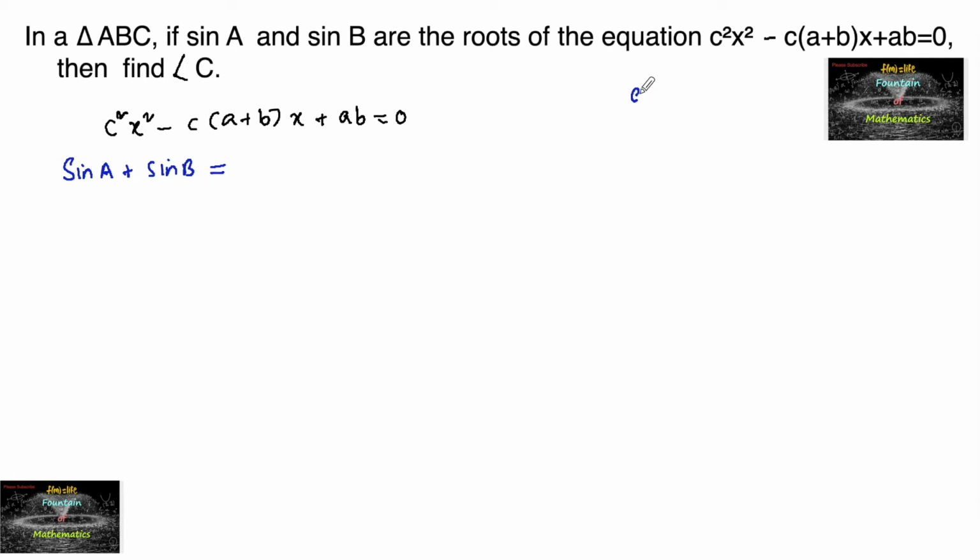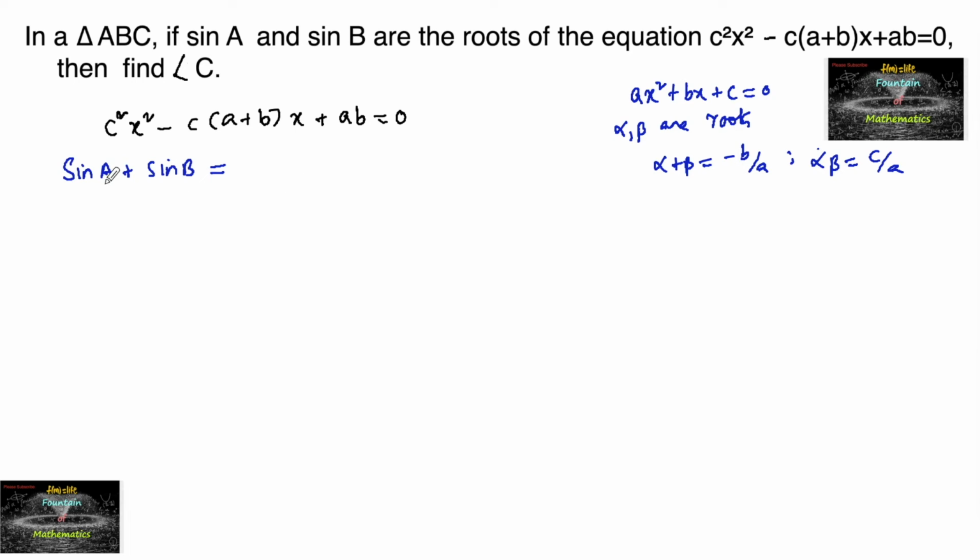Since for quadratic equation ax square plus bx plus c equals to 0, if alpha, beta are the roots, then we have sum of the roots alpha plus beta is equal to minus b upon a, and the product of the roots alpha beta is equal to c upon a.